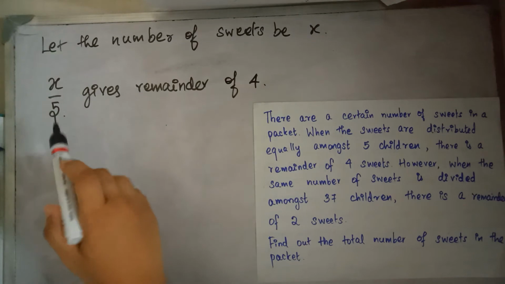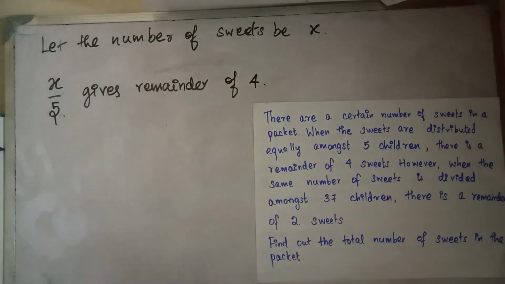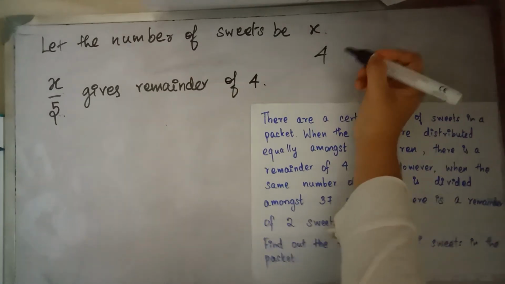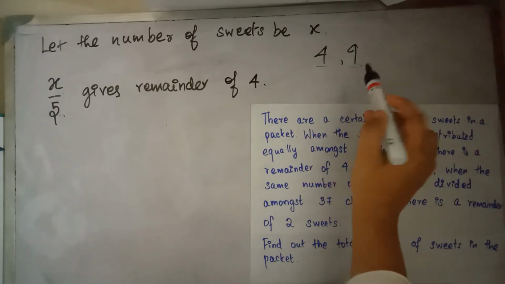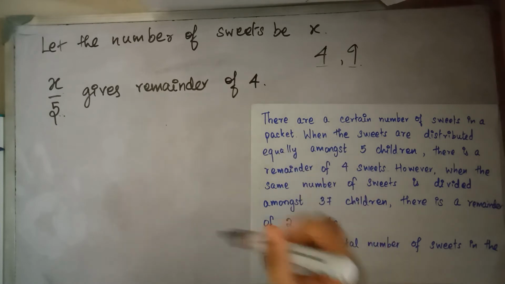Okay, so now this number when divided by 5 has to give us a remainder of 4. So what type of number will this be? You have to realize that any number that ends with either 4 or 9, the ending digit has to be 4 or 9, any such number will give us a remainder of 4 when we divide it by 5. I'll write it down.